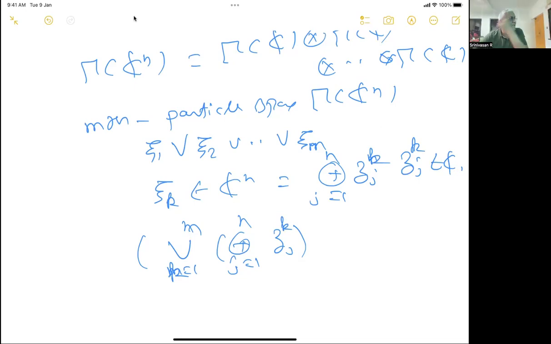Zjk is coming from C. So this will be just the sum of some nth particle space. It is just the tensor product of, how do I say that?